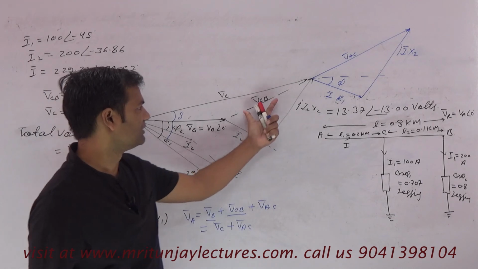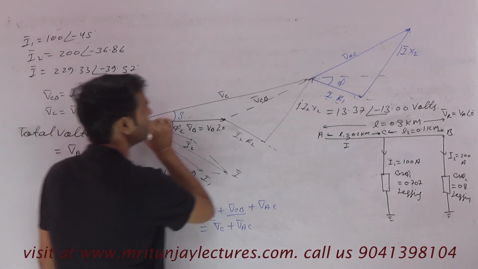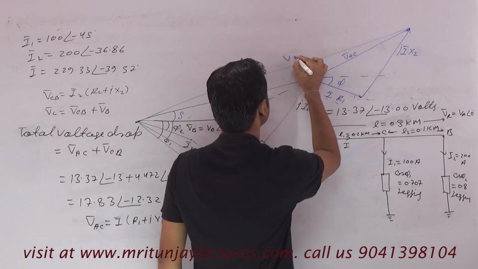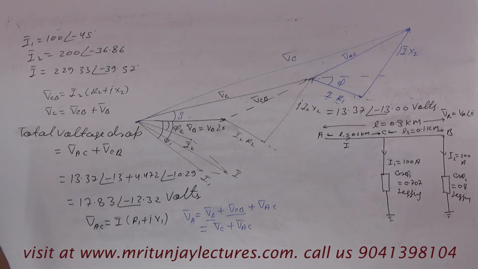Our motto, this one and this one. But what about the resultant? That is VA. Clear? This is the complete phasor diagram.